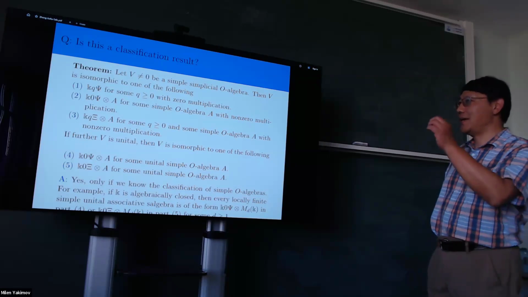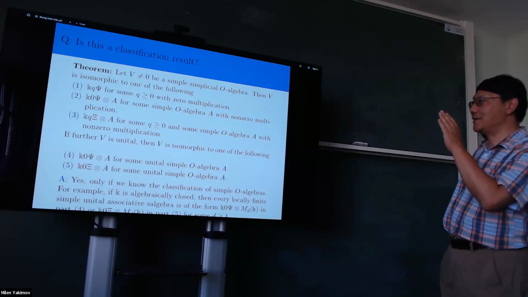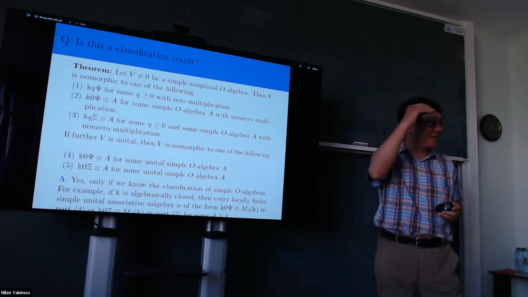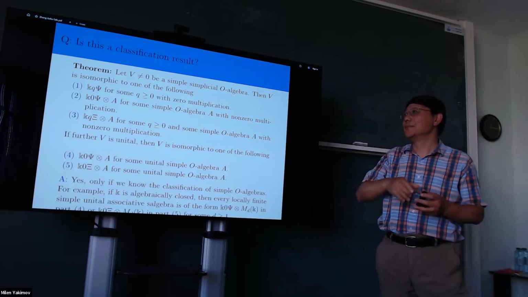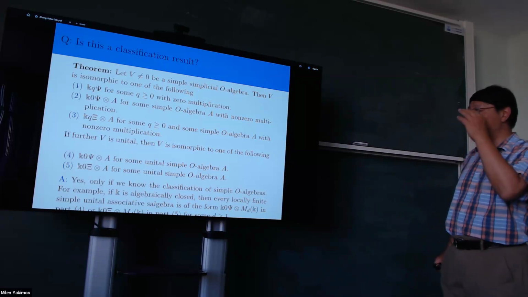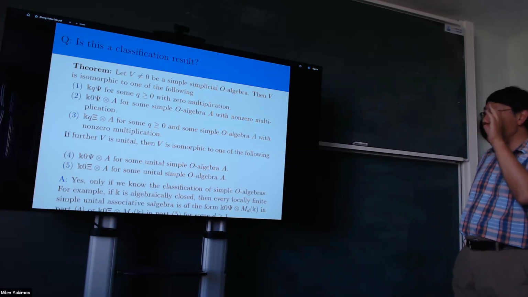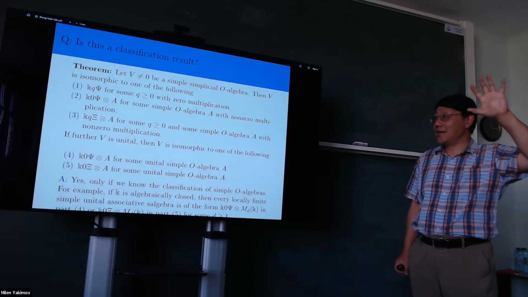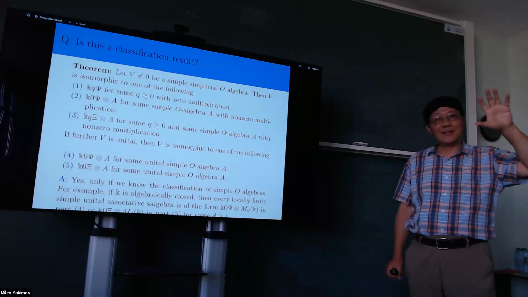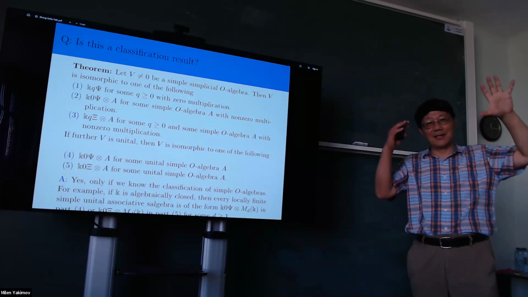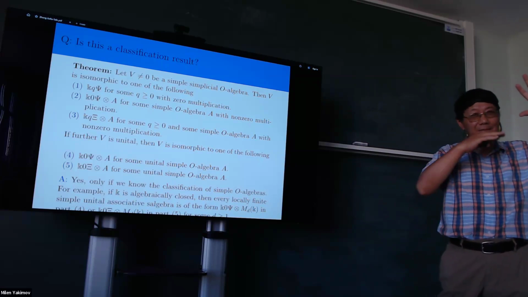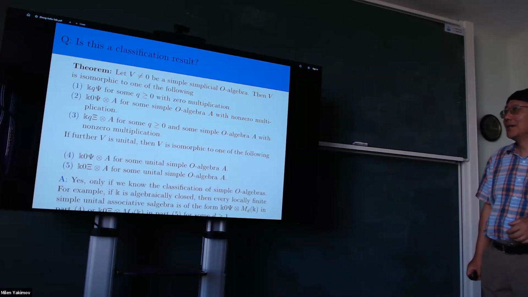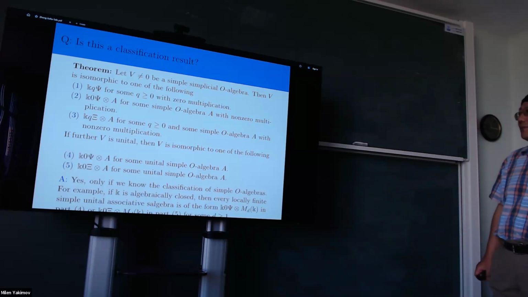Or it is K0 phi tensor A, where tensor means just a level-wise tensor. Each level tensor A, for some simplicial O-algebra. So A is a simplicial O-algebra. Then we have K0 phi, a simplicial vector space. Then at each level we just tensor with K. This becomes a simplicial O-algebra, and this is a simple simplicial O-algebra.